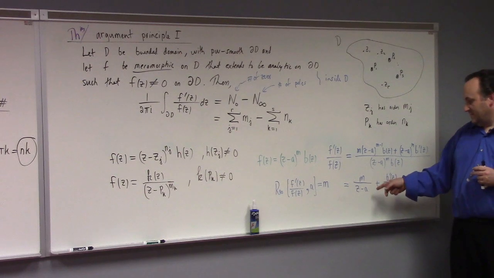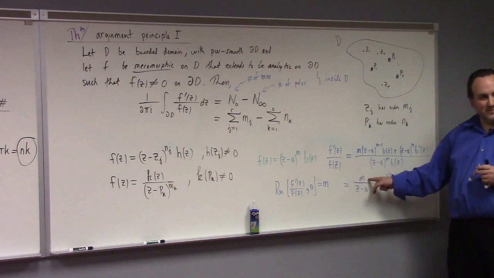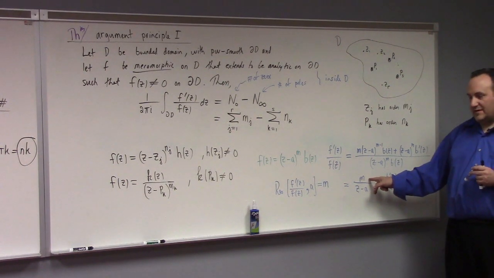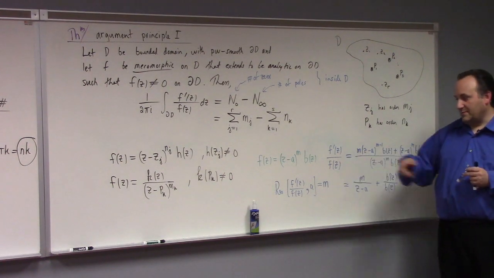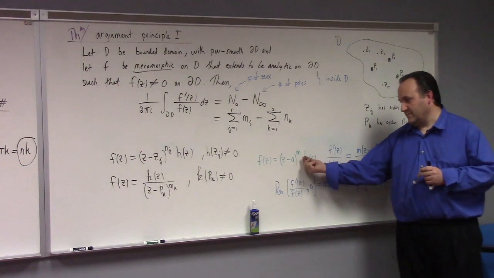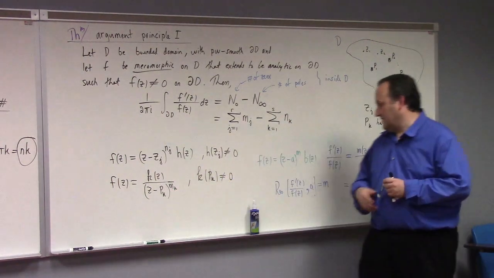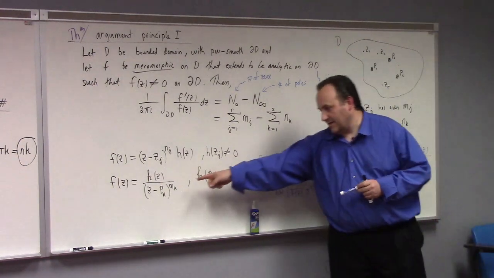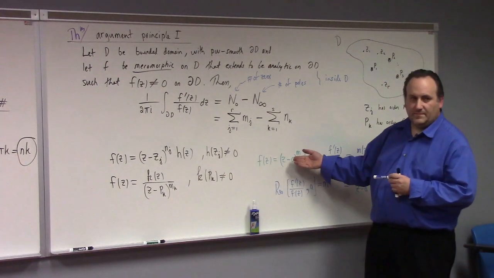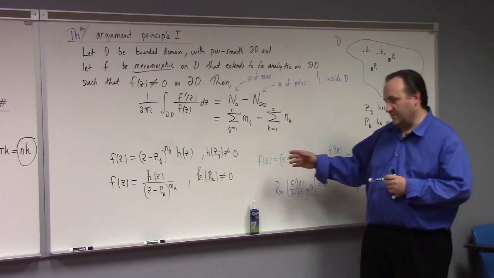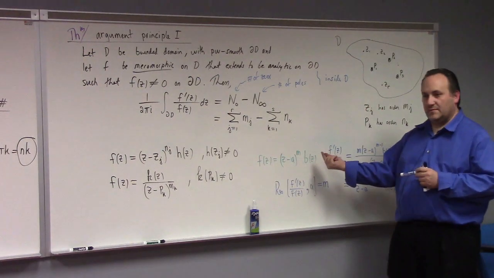You still end up with the multiplicity as your residue. However, it's only the multiplicity when it's a 0. When it's a pole, the m sub k would be minus this m, because to get this expression to look like that, I have to flip it downstairs.